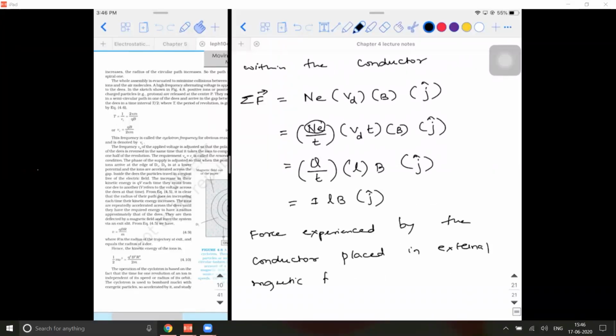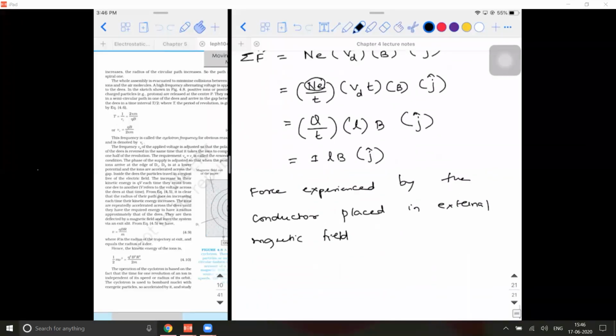Okay, so this is a general formula. Now, this is a particular situation formula because I'm using j cap, and not every time it is going to be j cap. So I have to derive a general formula. Based on observation, the force experienced by the conductor is written as I into L vector cross B vector.